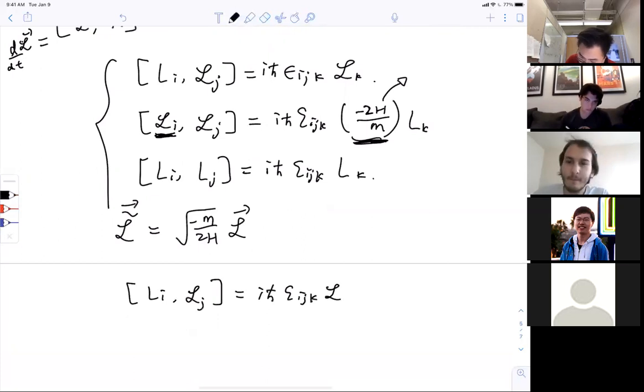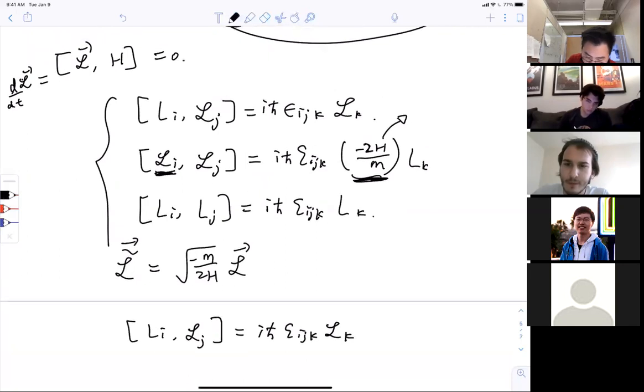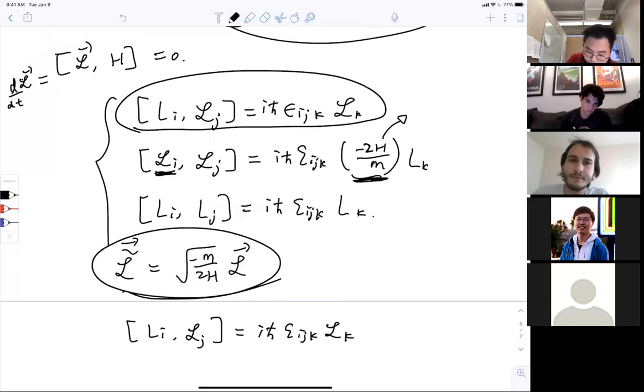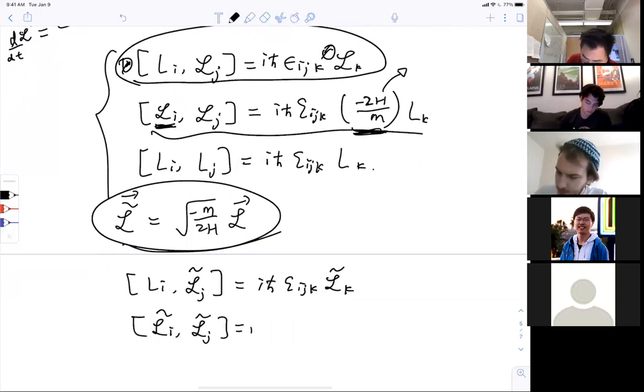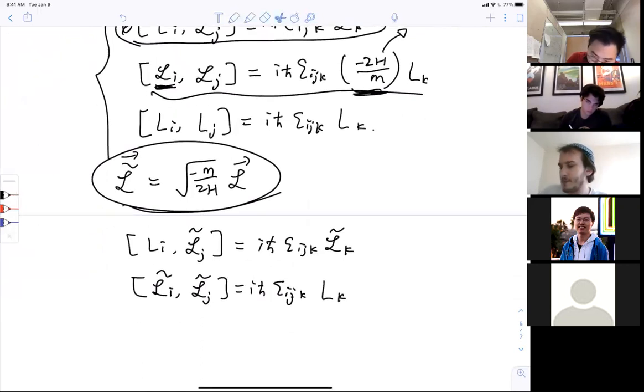Okay, so this definition would not influence the first equation, right? Because the factors are the same on the right hand side and left hand side together. Okay, there's a tilde, and the second equation becomes like this, and the last one, not the algebra.